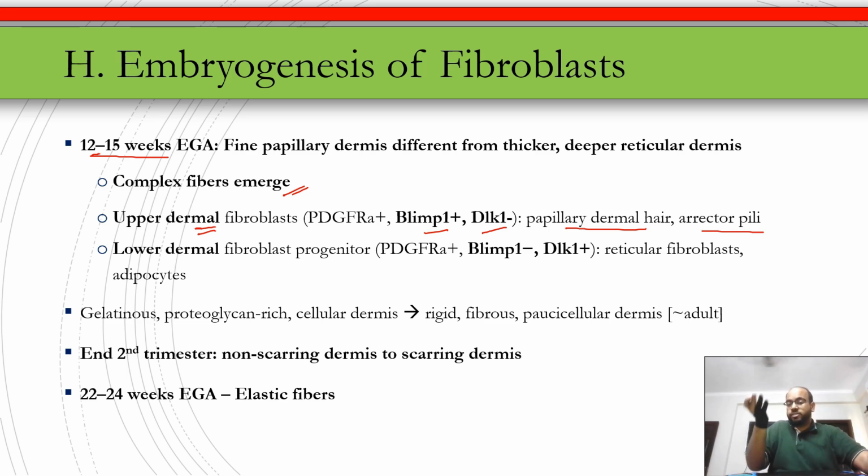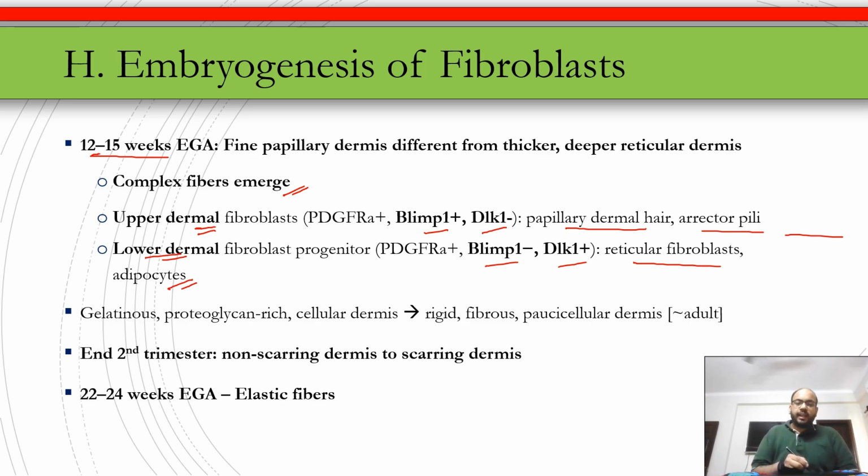Why? Because these are the structures in the upper half of the dermis. Lower dermal fibroblasts, which are BLIMP negative and DLK1 positive, will give rise to reticular fibroblasts and adipocytes. So upper dermal fibroblasts will give rise to papillary dermal fibroblast, hair and erector pili, while lower dermal fibroblasts will give rise to reticular fibroblasts and adipocytes.